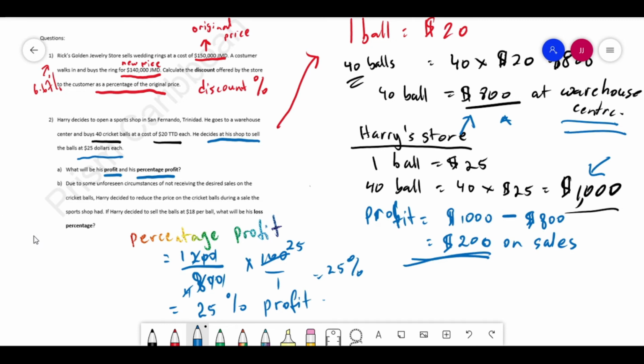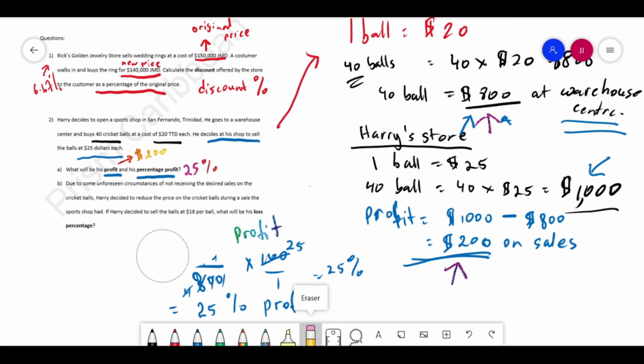You're taking the profit made, which is $200, and putting it over the cost price, which is $800, the price you bought it for originally, and you're multiplying it by 100. And in this case, you'll get 25%, and for the profit, you will get $200, right? And moving on to B now.